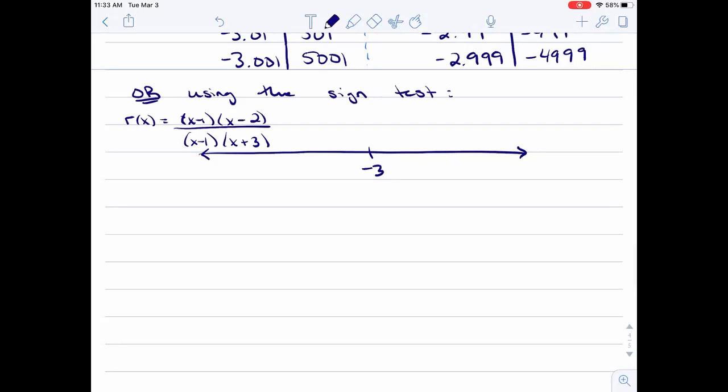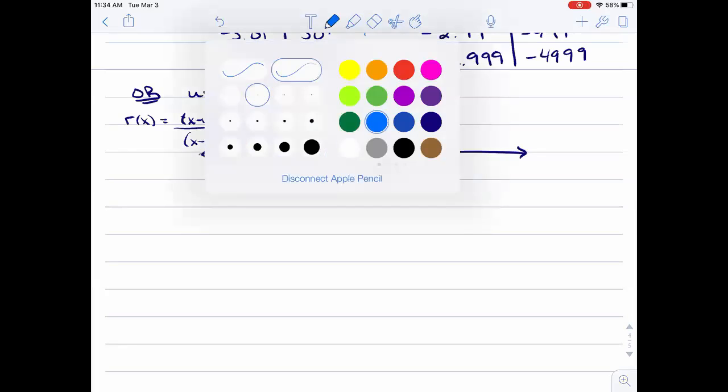If we think about values to the left of -3, let's pick -4. That's to the left. If you just pick a random test point to see how it works in there.